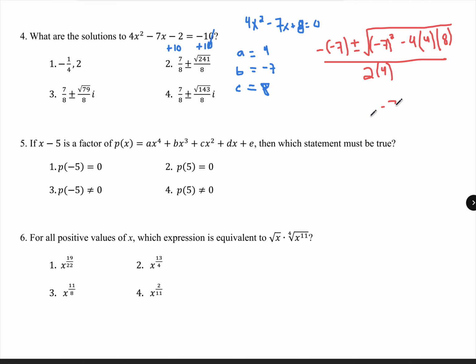So that becomes -79. Everything else, so the square root, these two negatives become positive, all over what? 8.